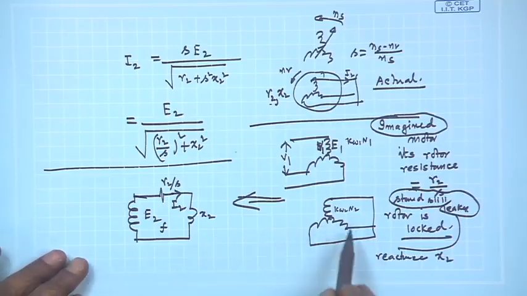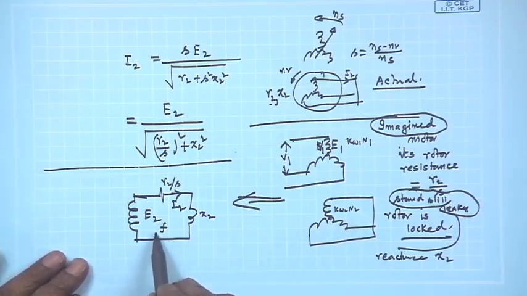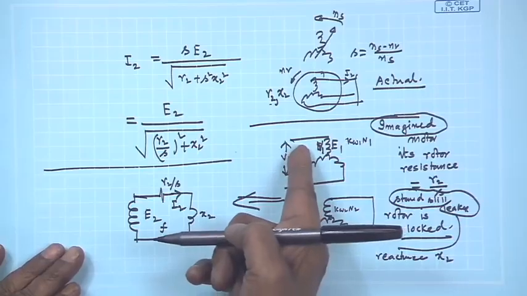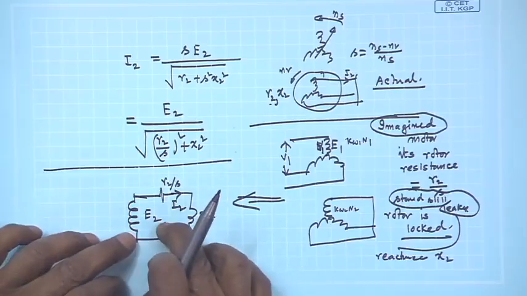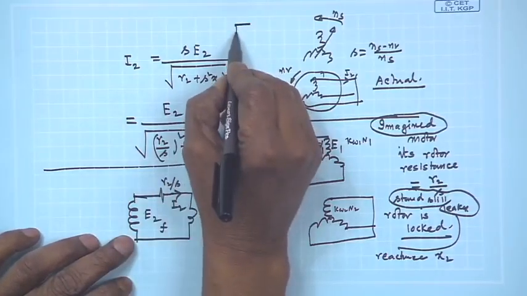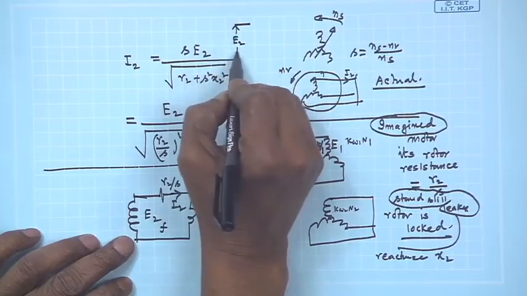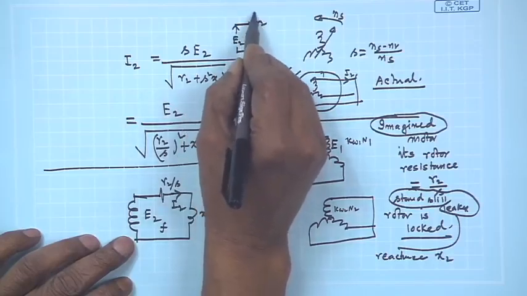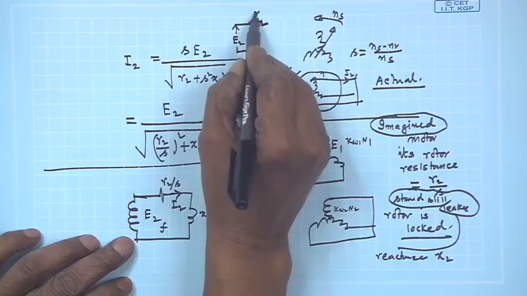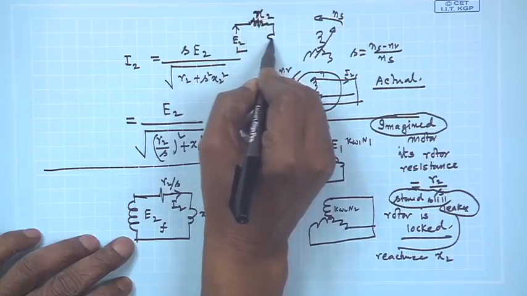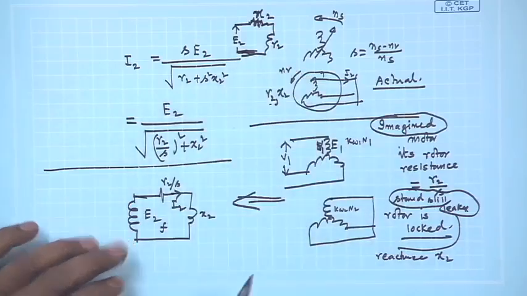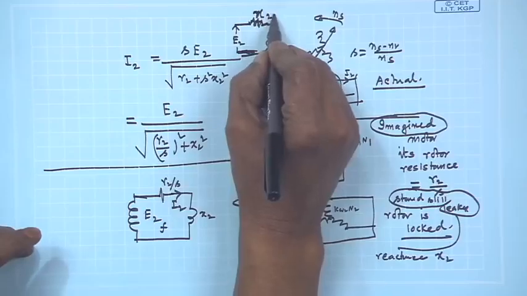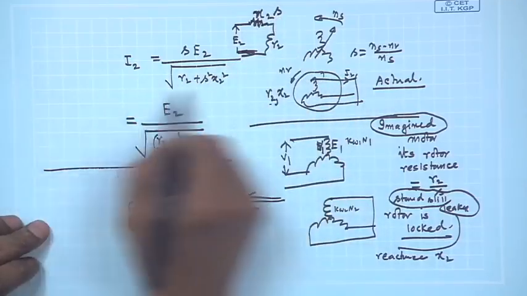So, the frequency of this rotor will be F, that of the supply here, and its impedance is R2 by S, X2. The power factor of this circuit and the actual rotor circuit of this machine, E2, which I drew earlier, R2, X2 and R2 by S, X2, actual machine.